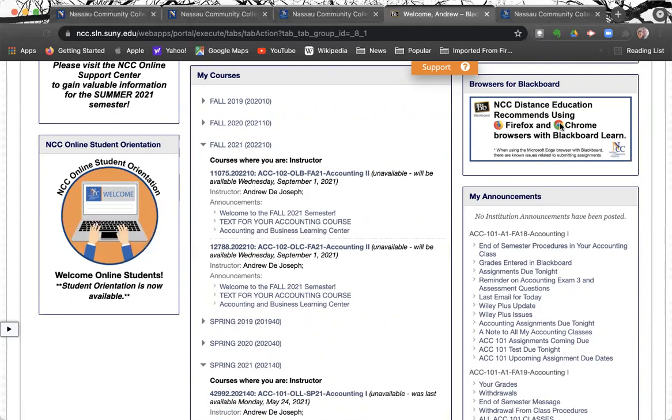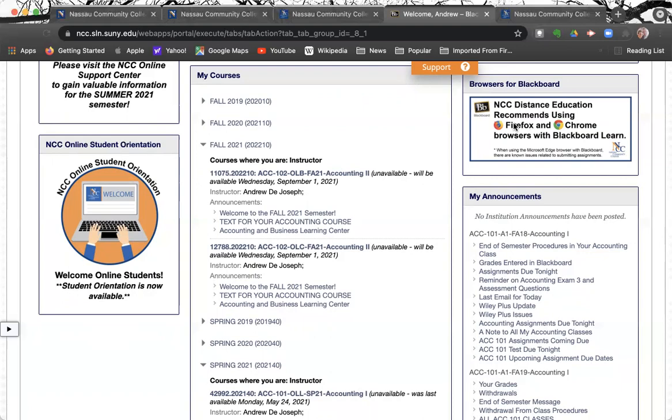I know a lot of people with Macs might want to use Safari, and I don't even know what comes with Microsoft anymore. I think it used to be called Explorer. But download these, one or the other, you don't need both. And whenever you're working on this stuff, use either Firefox or Chrome.